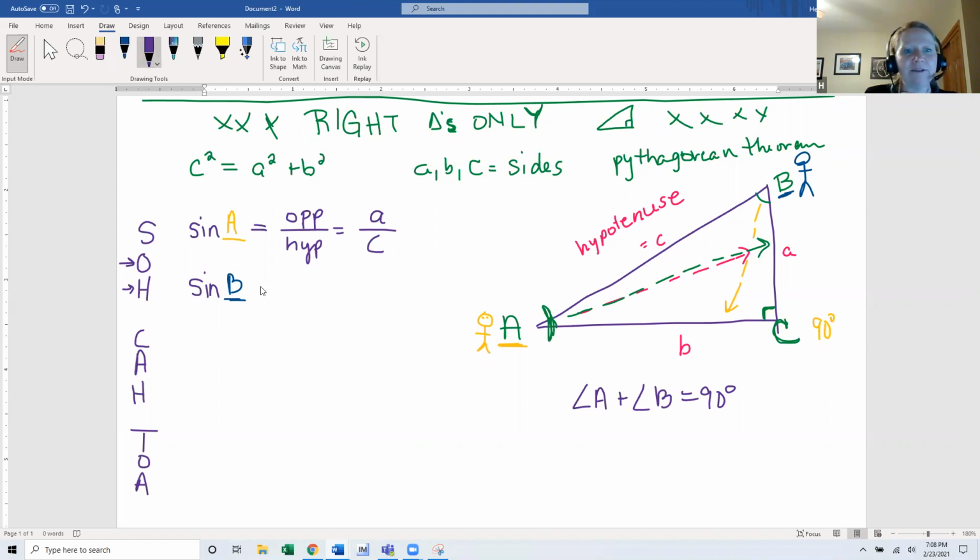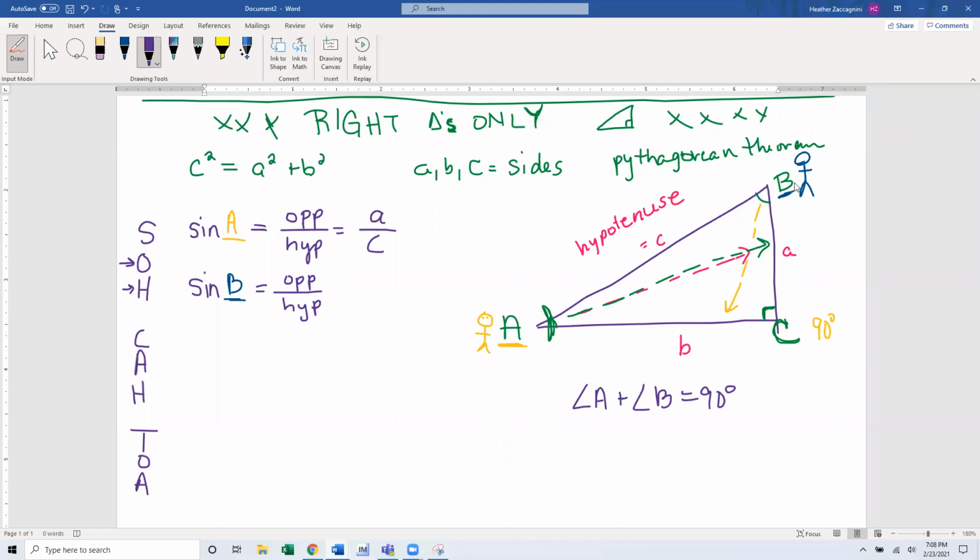All right. So it doesn't change the SOH. It's still opposite over hypotenuse. What changes is our perspective. So from B, it would be b over c. What side is across from B, right?